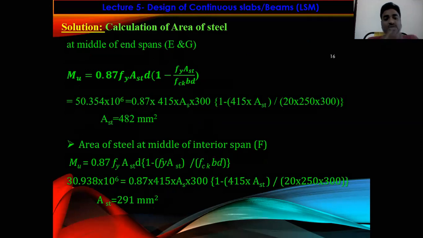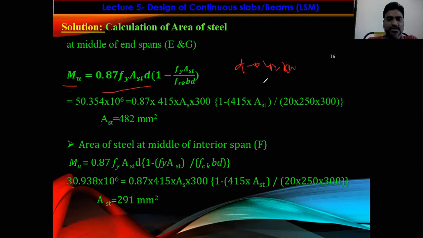The area of steel should be calculated by equating the bending moment, and for all bending moments you need to calculate separately. So bending moment equals tension force into lever arm. Lever arm is nothing but d minus 0.42 xu.